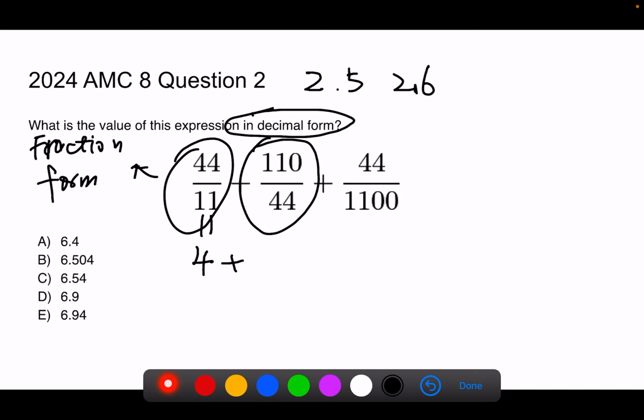So instead, we try to simplify this fraction, 110 divided by 44. To simplify a fraction, you only need to do one action, and that action is called cancel a common factor.